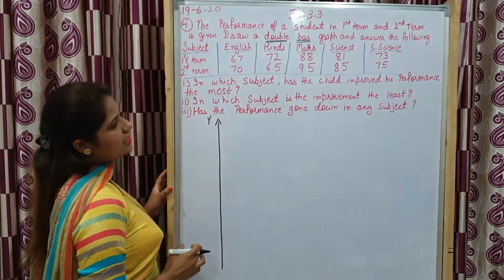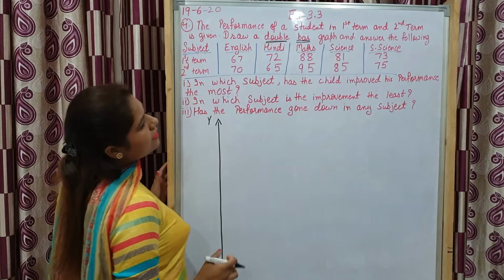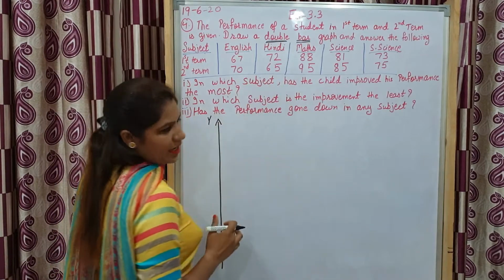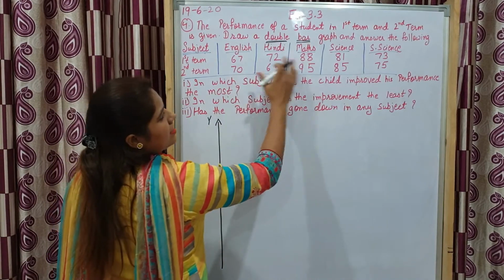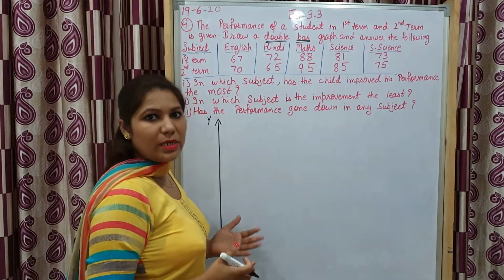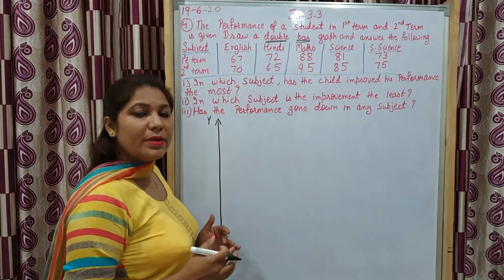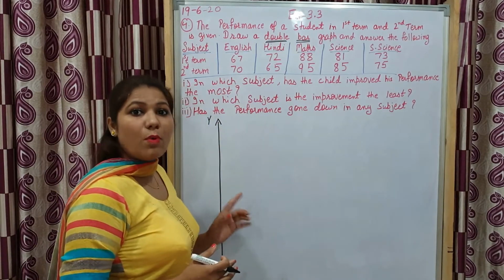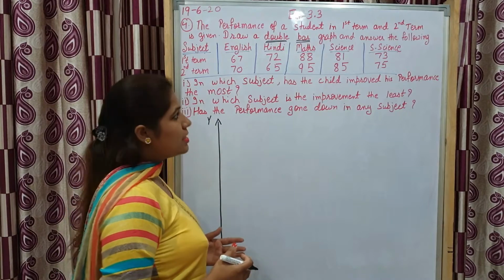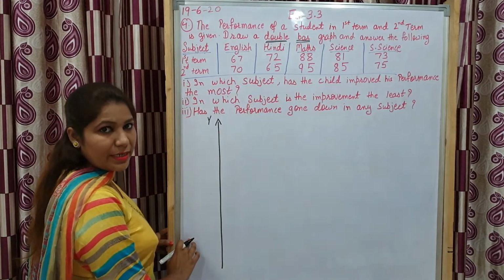If you see these numbers, the maximum is 95 and the minimum is 65. And it's not in proper order. They are not multiples of 2 or 5. So I will take an increment of 10. I will take one box, 1 unit length, equal to 10 marks.